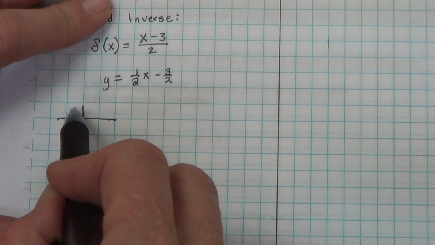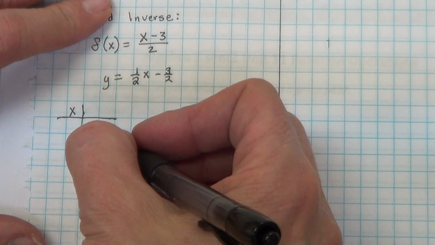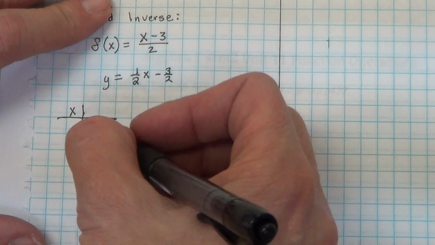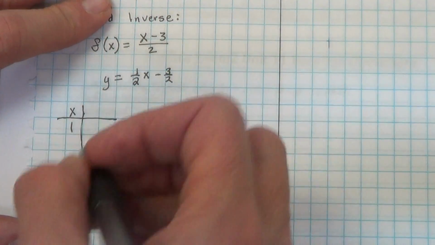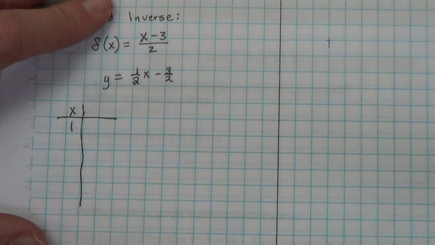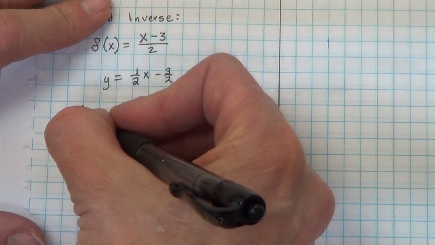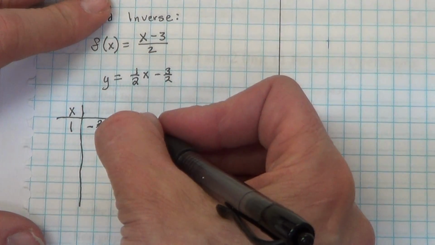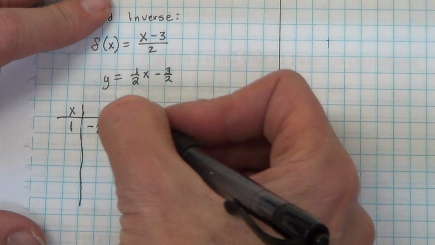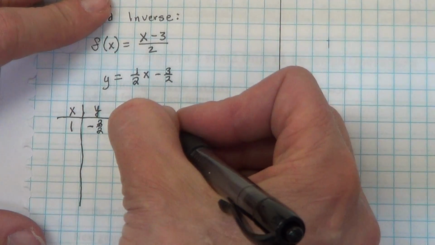So let's say that x is equal to 1. If x is equal to 1, then 1/2 minus 3/2 would be -2/2. Written as a whole number, that would be our point (1, -1).